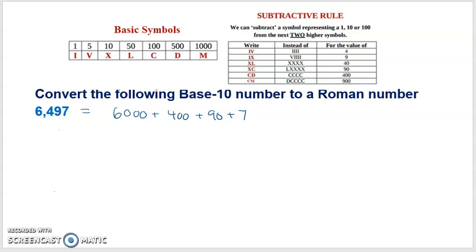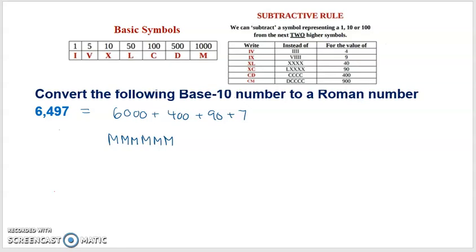Now 6,000: there is no 5,000 among the basic symbols, so we'd have to write that as MMMMMM, 6 M's, but that violates the rules of Roman numerals. So you cannot do that.